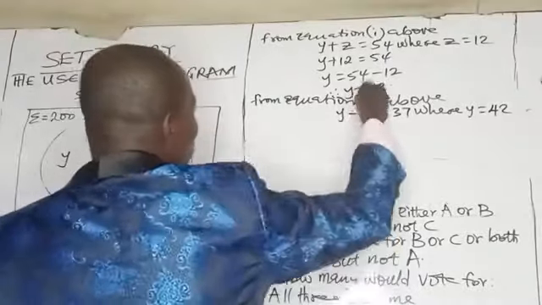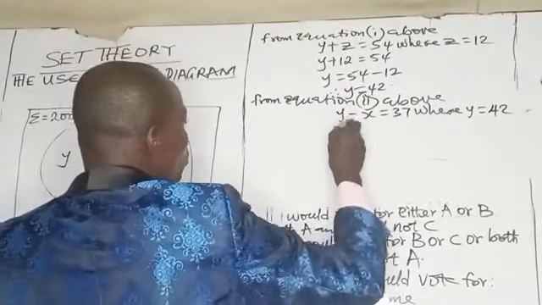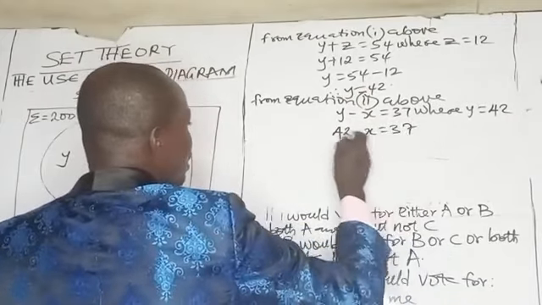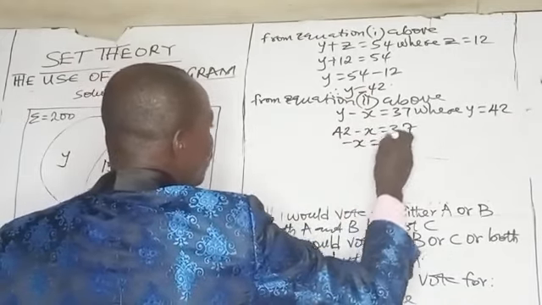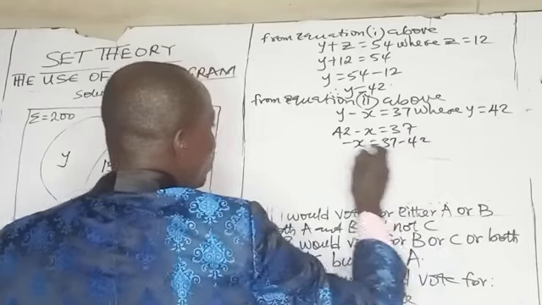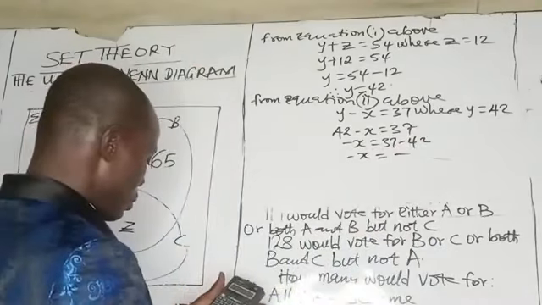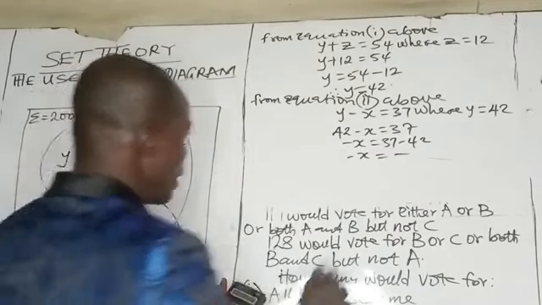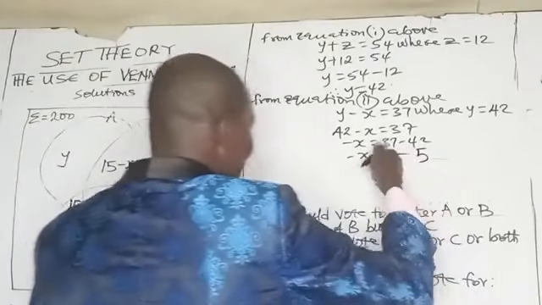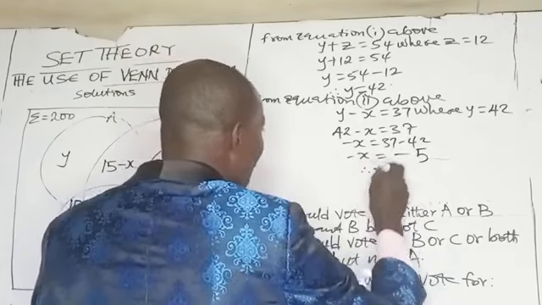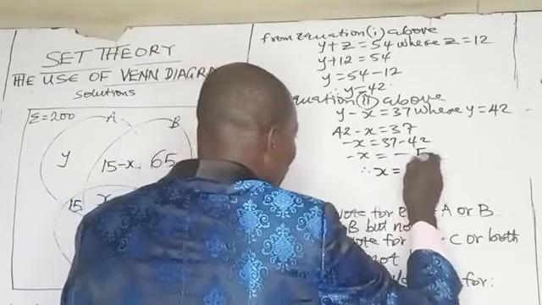Substitute that 42 for Y. We have 42 minus X equal to 37. Collect the like terms. Minus X equals to 37 minus 42. Minus X equals to minus 5. That is 37 minus 42, that is minus 5. Minus will cancel minus. Therefore, X equals to 5.